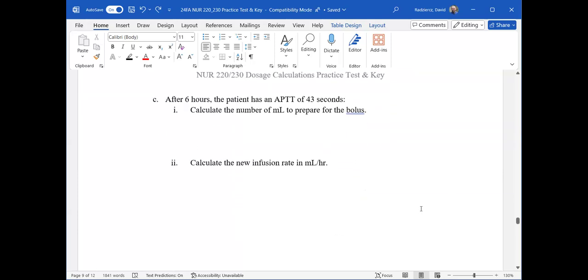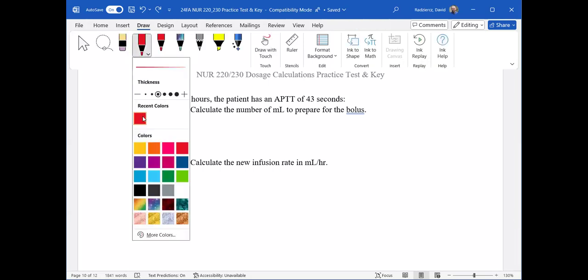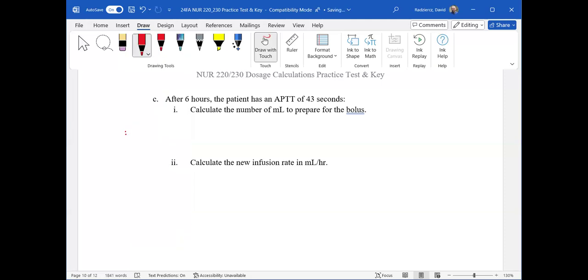So we still have the same patient. The patient still weighs the same. They still weigh 70.9 kilograms. All right, so 70.9 kilograms.